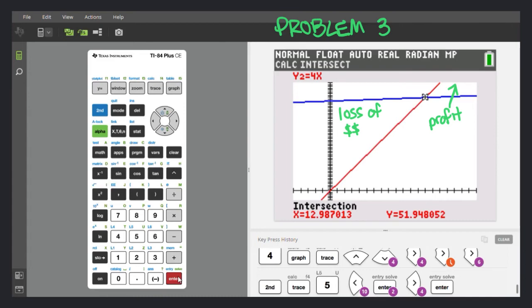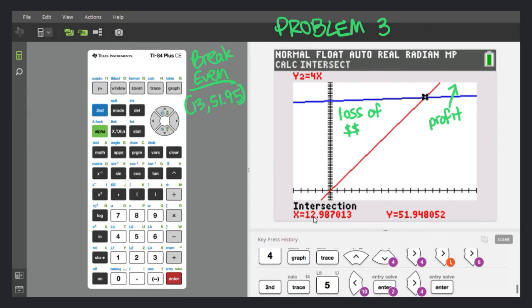Now the official answer to the intersection is 12.99, so basically 13 dogs, and $51.95. It's helpful to keep the 2 decimal places for the y value, but we're basically rounding up for the dogs, or rounding down is fine too.